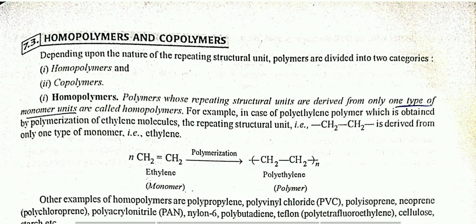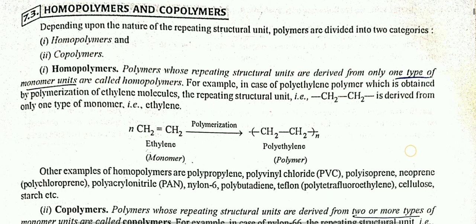Homopolymers and copolymers. Depending upon the nature of repeating structural units, polymers are divided into two categories: homopolymers and copolymers. Polymers whose repeating structural units are derived from only one type of monomer unit are called homopolymers. For example, in case of polythene, which is obtained by polymerization of ethylene molecules, the repeating structural unit is derived from only one type of monomer, that is ethylene.